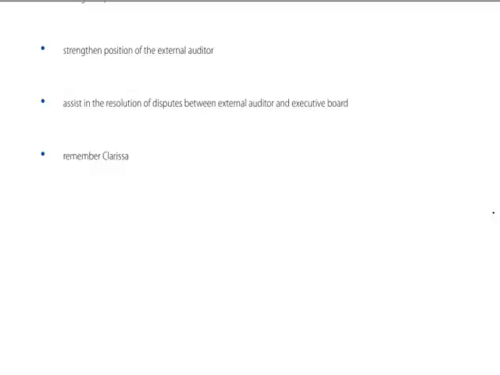One of the big characteristics of the audit committee members is that they should be independent. S, strengthen the role of the internal auditor. S, strengthen the role, the position of the external auditor. A, assist in dispute resolution between the executive board and the external auditor.